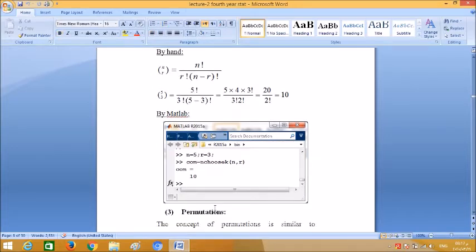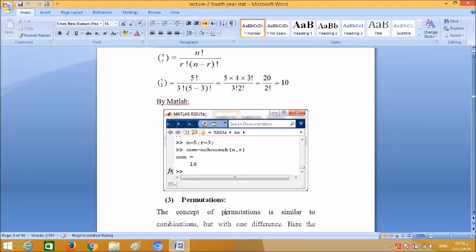Permutations. So what's the difference between combinations and permutation? We said that here the order is very important, the rank is very important, but in combination the order is not important. Okay, the concept of permutation is similar to combination, but with one difference.